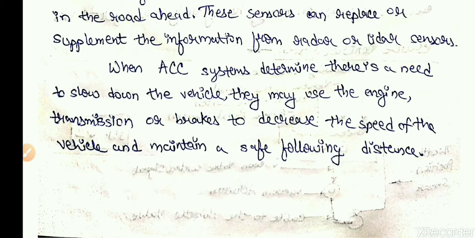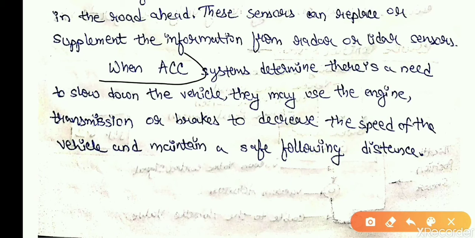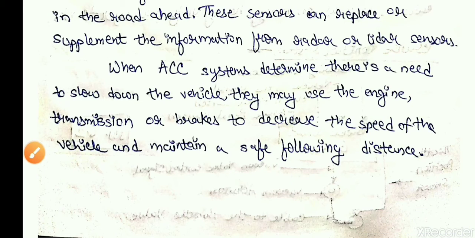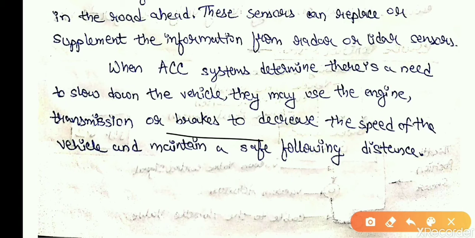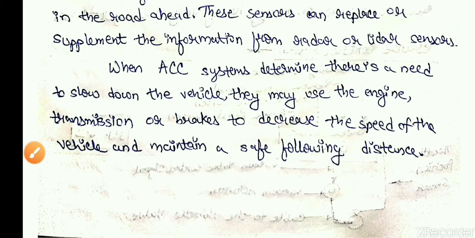If the driver fails to detect that, he will collide with the vehicle in front. If ACC is present in that vehicle, it automatically controls the engine, the gearbox, as well as the brakes to decrease the speed of the vehicle, maintains a safe following distance and prevents collision of the vehicles.